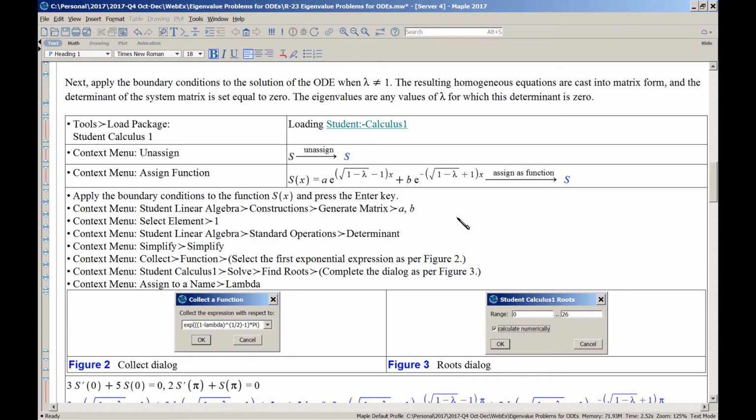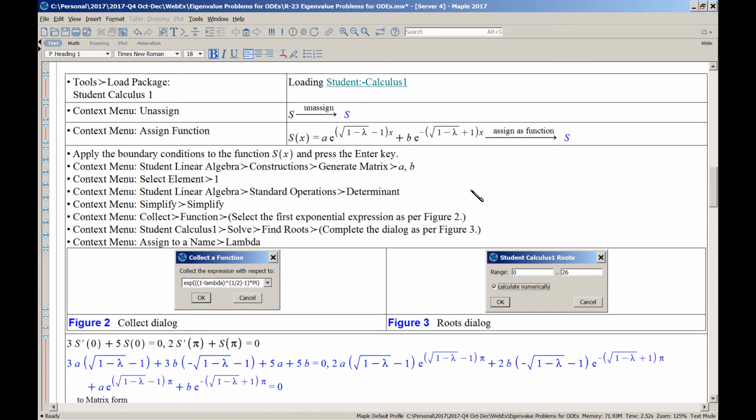So we now take the general case. Again, unassign S so that we can write S of x, this is now the general solution in those cases where lambda is not 1. You have e to this root and e to this root with an x there and an x there, and a and b are the two arbitrary constants.